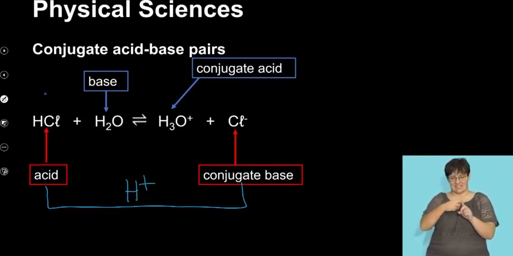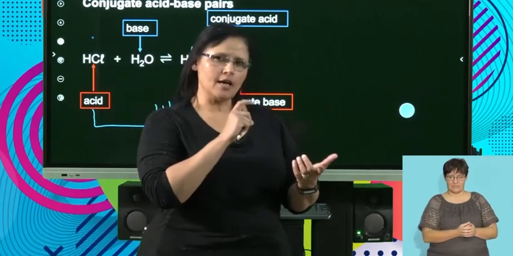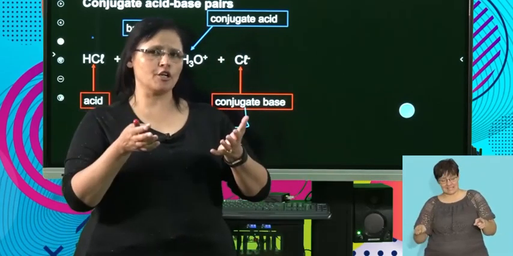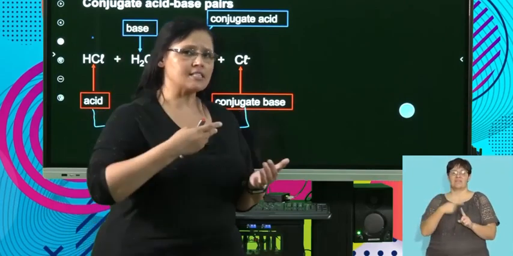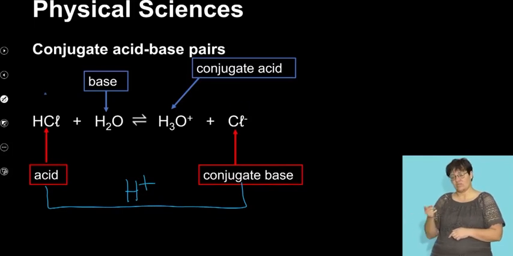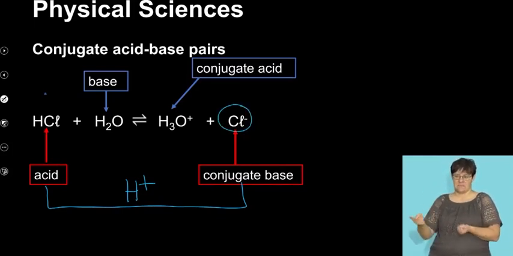So between your acid and the conjugate base of that acid, there is a proton short, because that acid has given away that proton to become the chloride ion, and that chloride ion is seen to be a conjugate base.